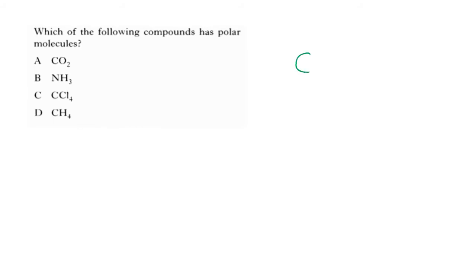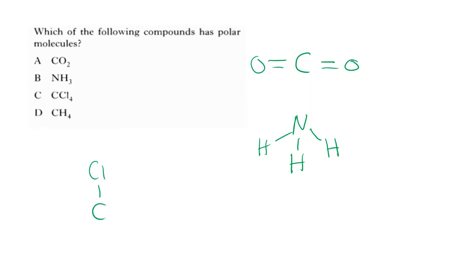Carbon dioxide is linear like that. Ammonia is NH3. Now it's just one of those ones where you have to remember its formula is NH3. CCl4 is tetrahedral, and methane, CH4, is also tetrahedral.